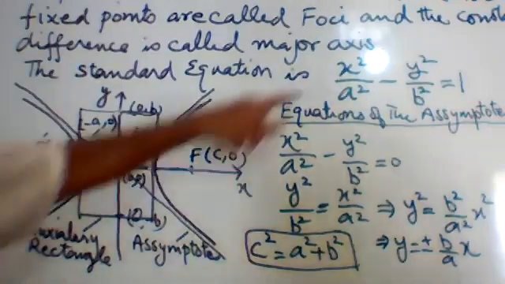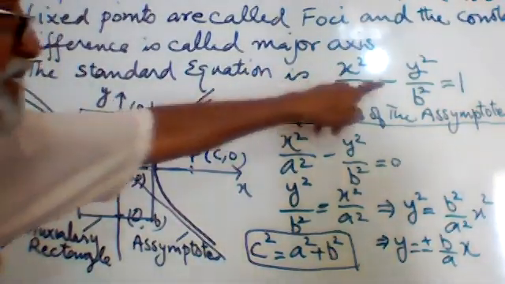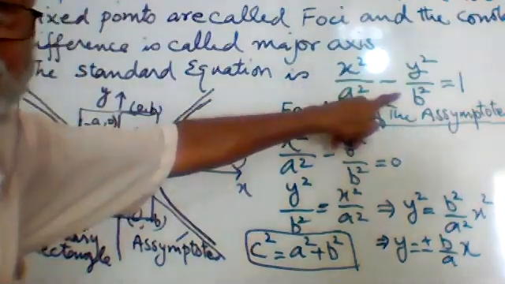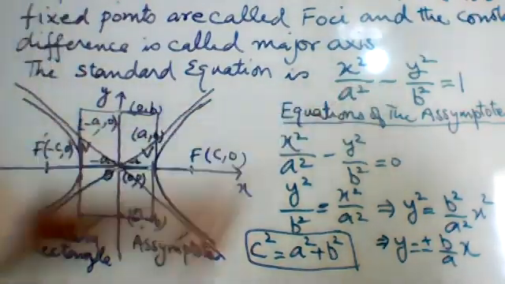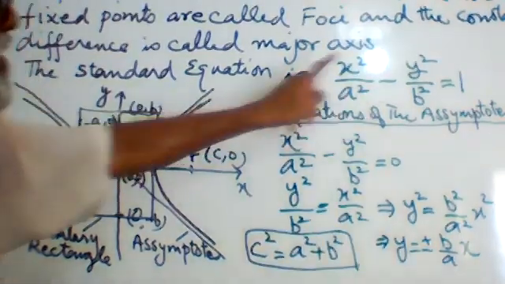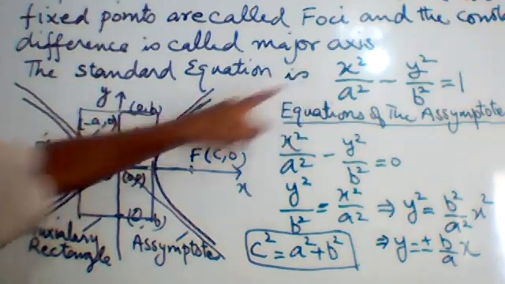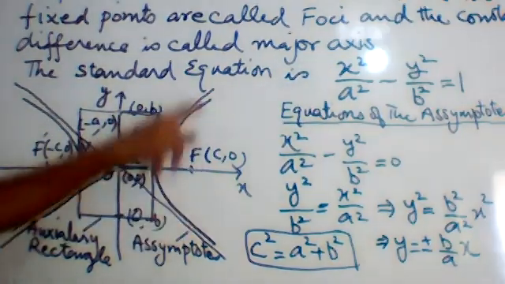In this case, it will be y square upon a square minus x square upon b square equal to 1. So which one is positive? One is positive, one is negative. If x square is positive, the transverse axis is along the x-axis.